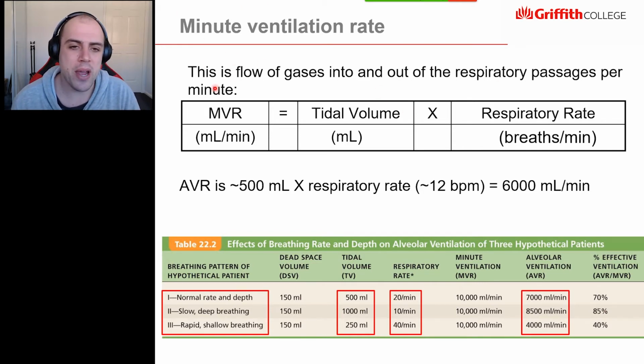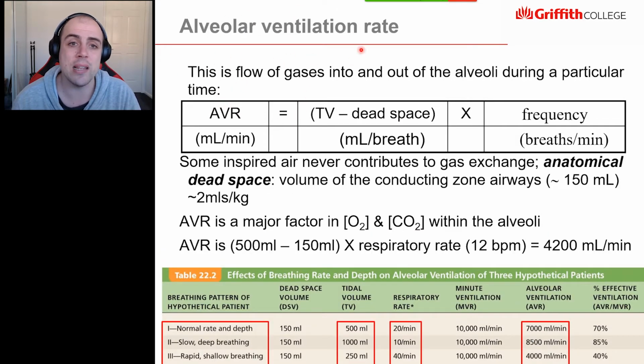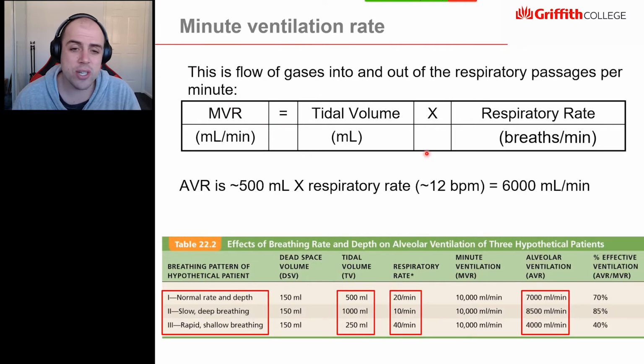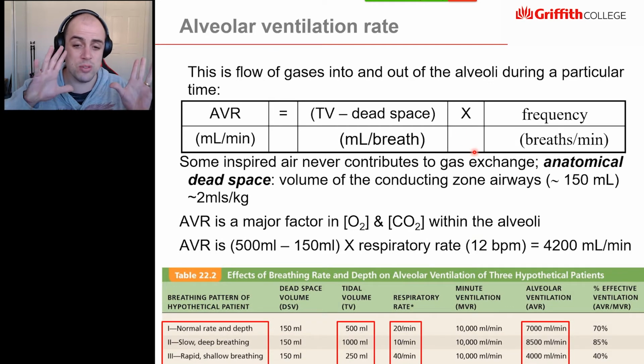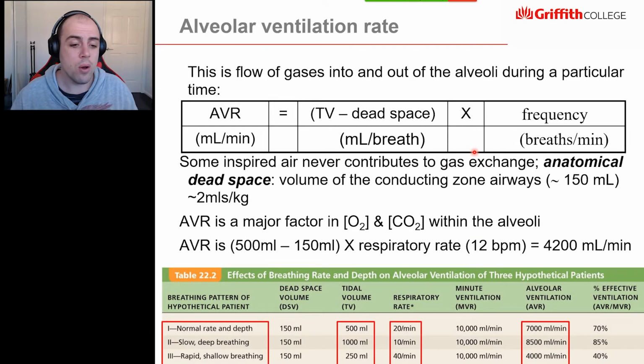Now, I'm going to be comparing different ventilation rates here, looking at our minute ventilation rate versus our alveolar ventilation rate. I will not expect you guys to do any calculations regarding this. I just want to show and compare what the effect can be based on different breathing habits.